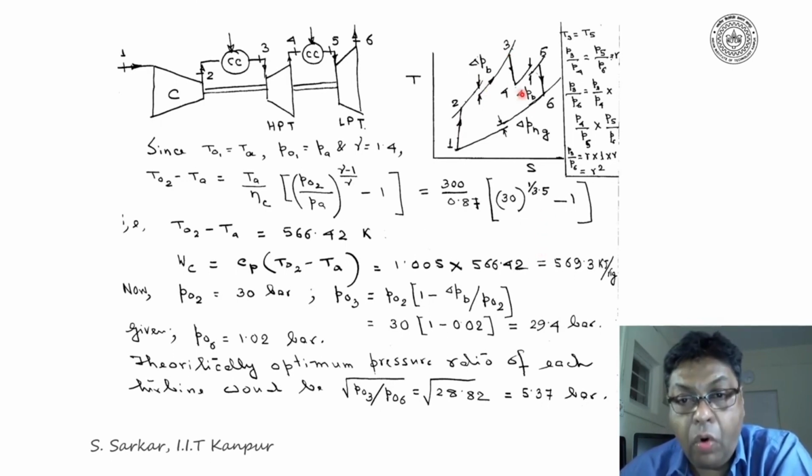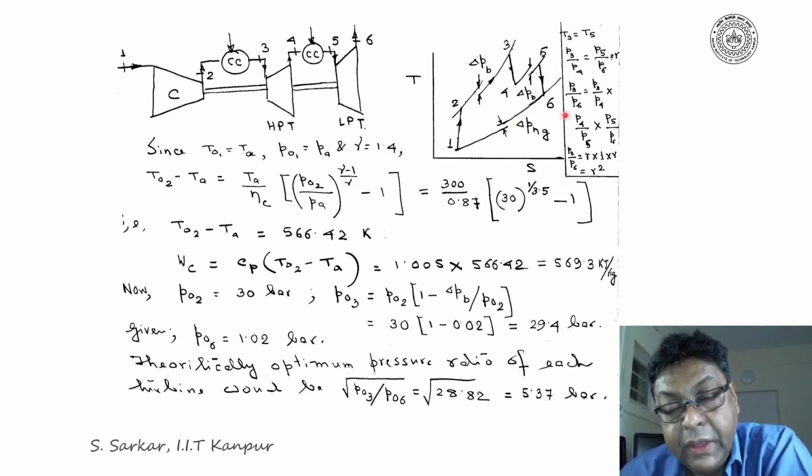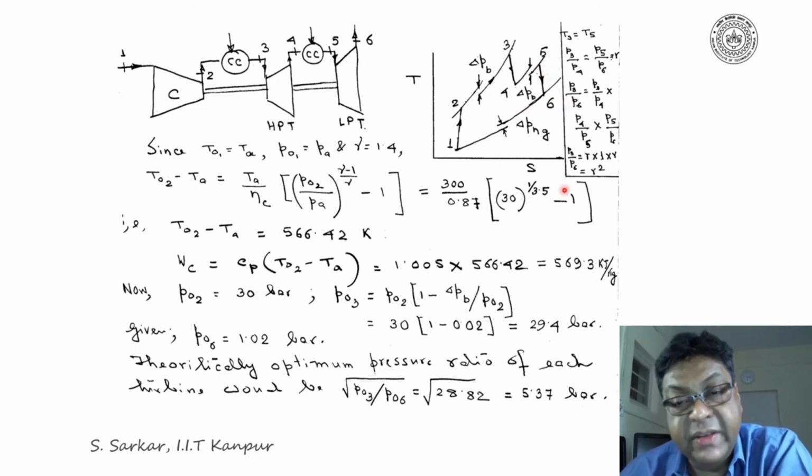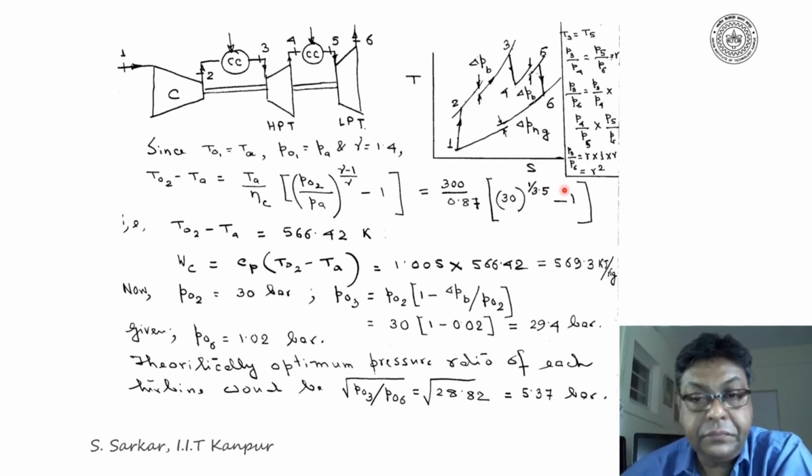Similarly, 3, 4 is an expansion in HPT, and 4, 5 reheating of gas in the second combustor with a pressure loss del PB. 5, 6 expansion through low pressure turbine.